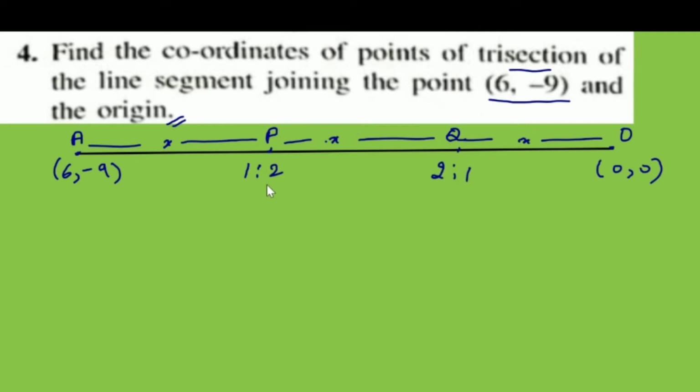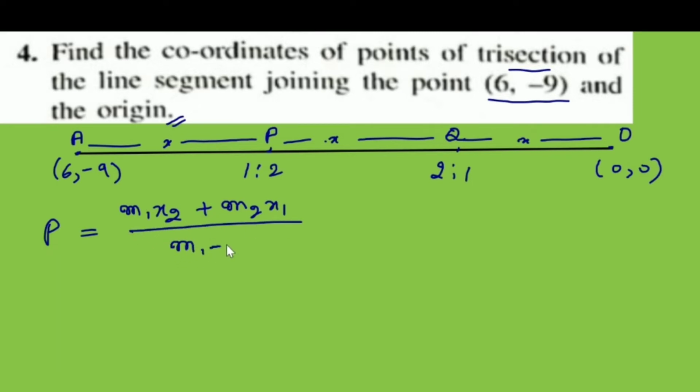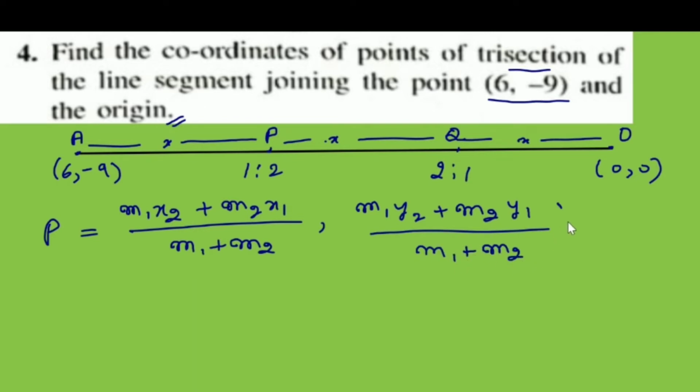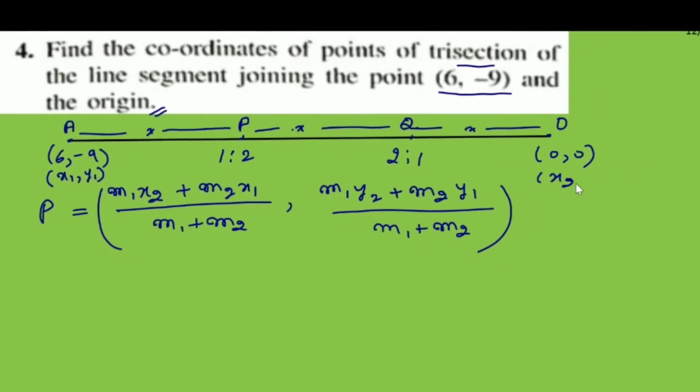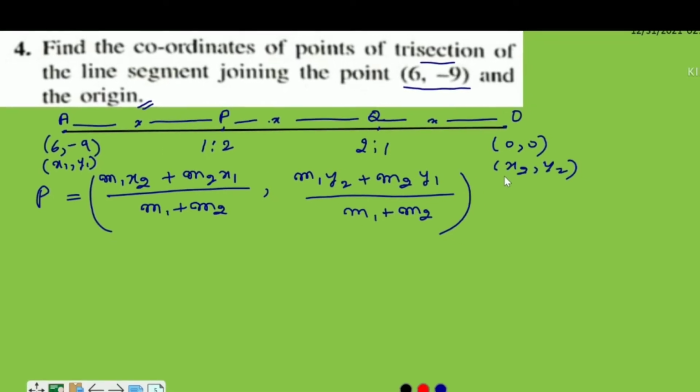Now apply section formula to find the coordinates of P and Q. First we are finding the coordinates of P. End points are same, so the value of x1 y1 and x2 y2 will be same.